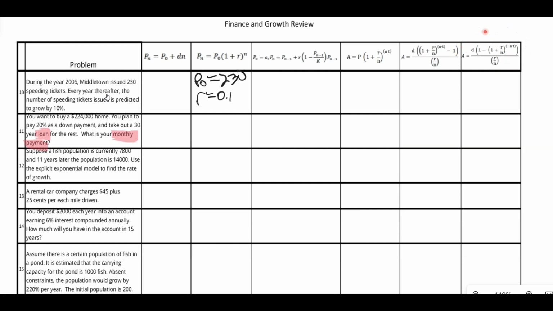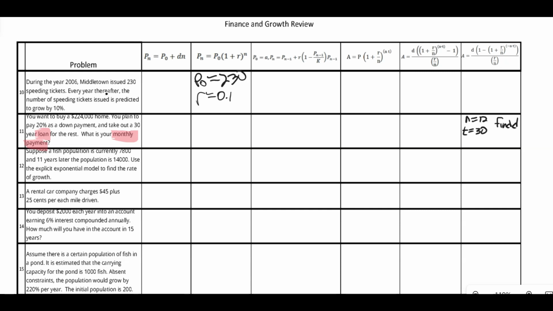Okay, let's see what we get. First off, it says monthly payment, so n equals 12. The question is find the monthly payment, so let's find D. We have a 30-year loan, so T is 30 years.